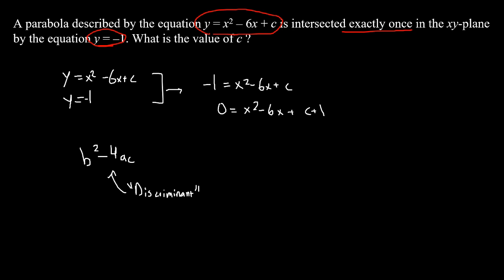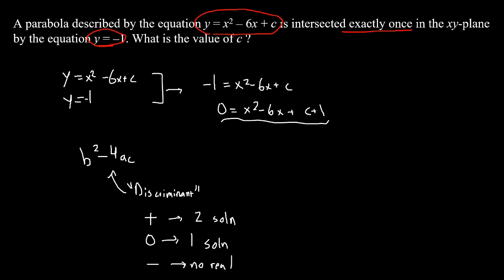And basically, depending on the value of the discriminant, you can have a varying amount of solutions. So if it's positive, you're going to have two solutions to an equation like this. If it's 0, you're going to have one solution. And if it's negative, you're going to have no real solution. You're going to have imaginary solutions instead.